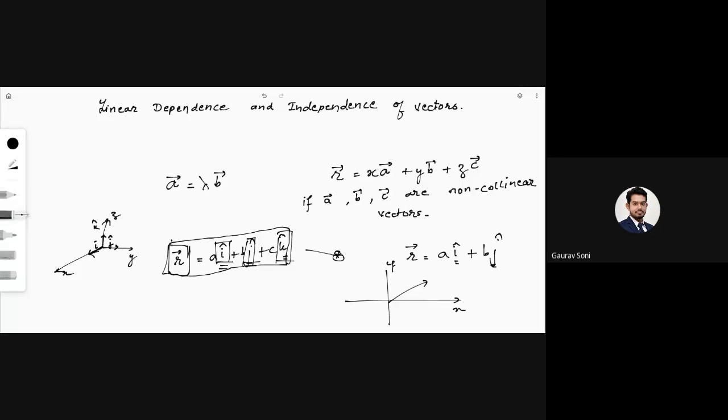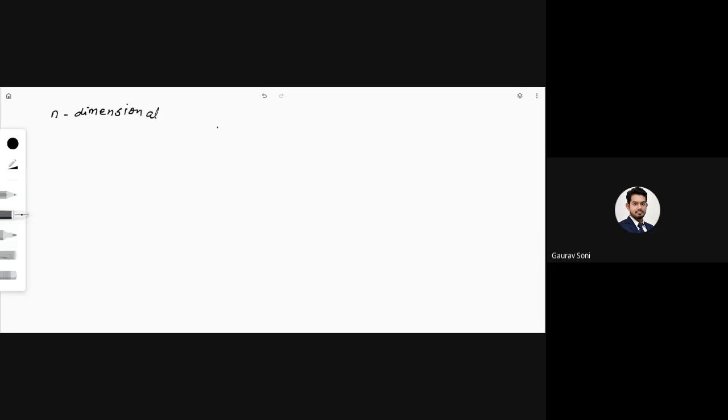Okay, so what do we mean by dependence and independence? For that, we will first write down what an n-dimensional vector is.